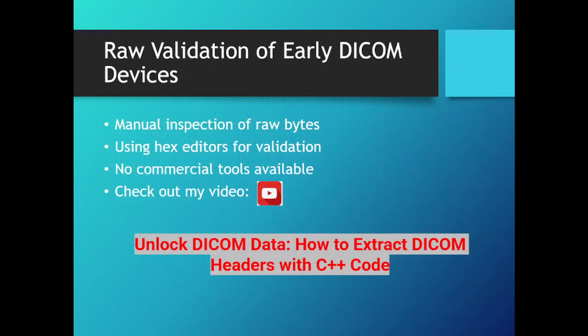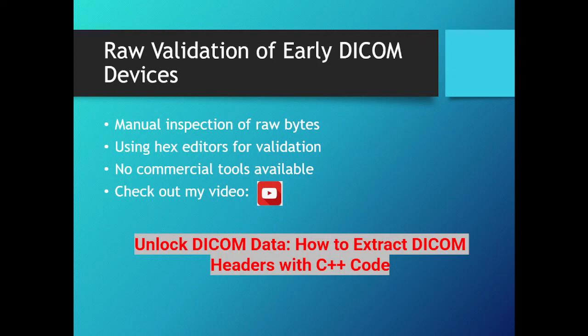And you may also wonder, what if it's the very first DICOM device and we don't have any commercially available system to cross-validate? Although we don't need to worry about this now, it is just a little extra thinking. In that case, you will need to manually inspect the raw bytes.